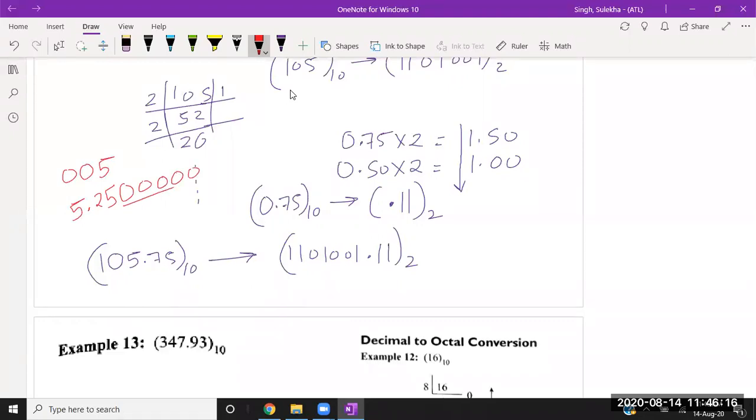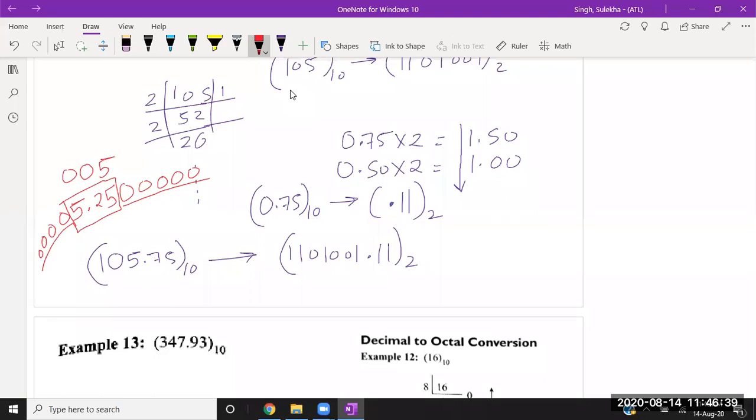you can add as many zeros as you want on the right side. In the integer part you can add as many zeros as you want on the left side. There will be no effect on this number. The value of this number will remain the same, that is 5.25.